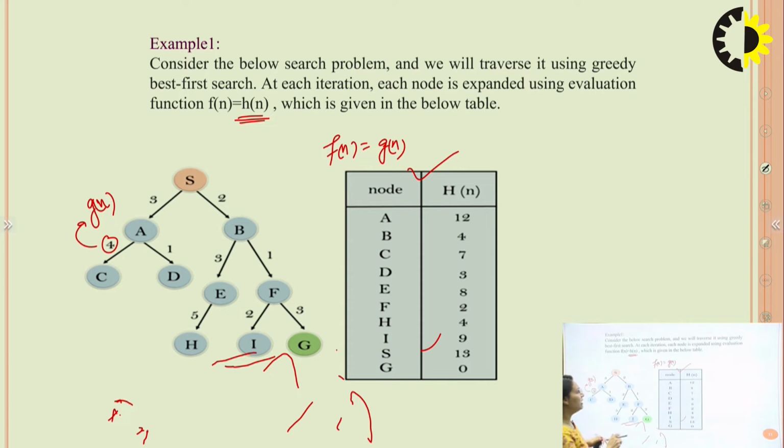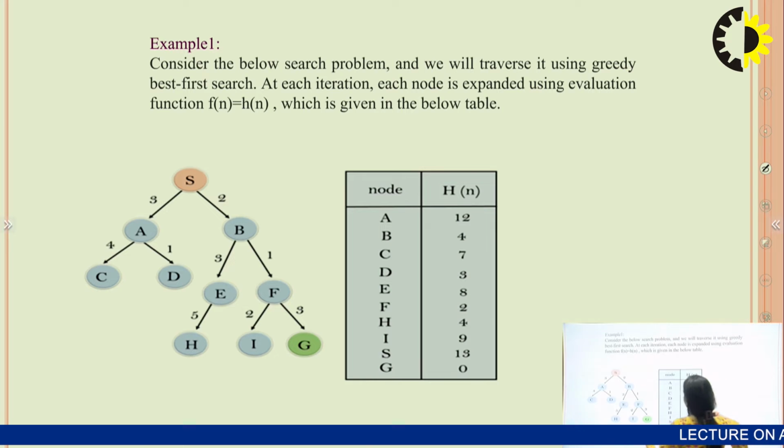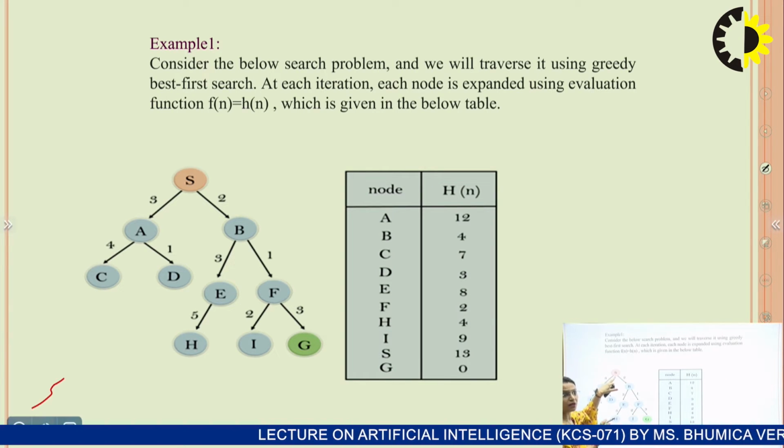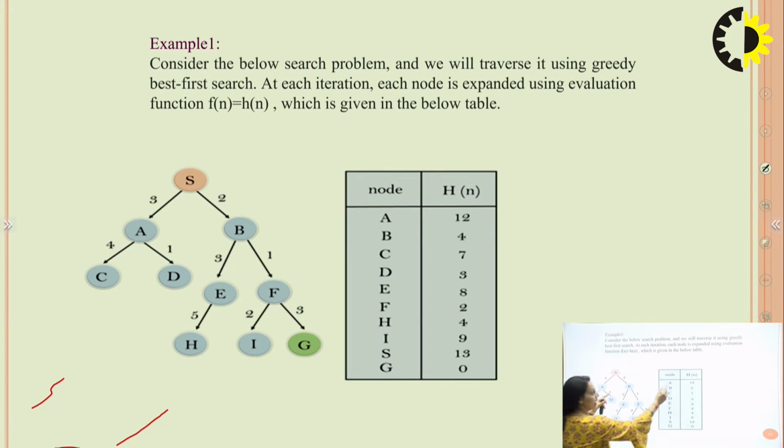Now, if I solve this problem, what will happen? If I want to move from S, there are two successors. S will be kept in the open list, and when it goes into the closed list, its successors A and B will be entered into the open list. A and B both have some Hn value.